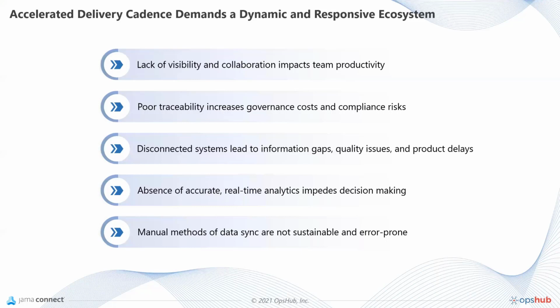And what that can lead to is these information gaps, quality issues, potentially product delays, rework, things like that. And so when you have this accelerated delivery cadence, filling in those gaps at the back end becomes much, much more challenging than it might have been in a more methodical, deliberate cadence.